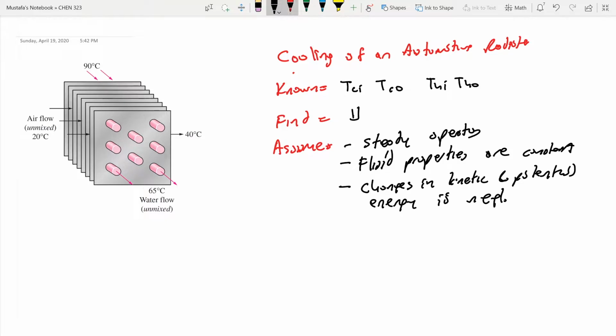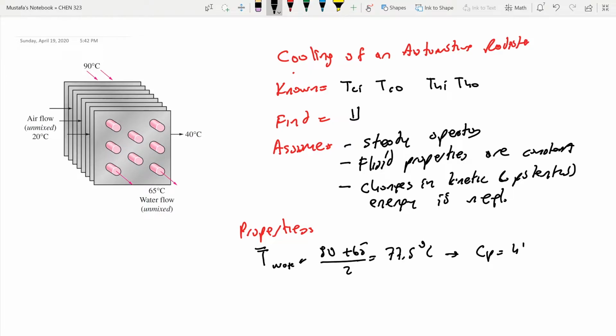Okay, so let's try to write the properties. So T mean for water is 90 plus 65 over 2, which is 77.5 degrees Celsius. At this point, Cp is equal to 4195 joule per kilogram per Celsius.